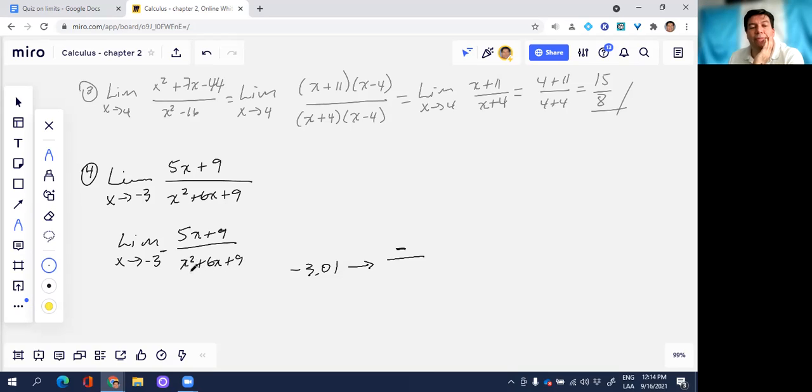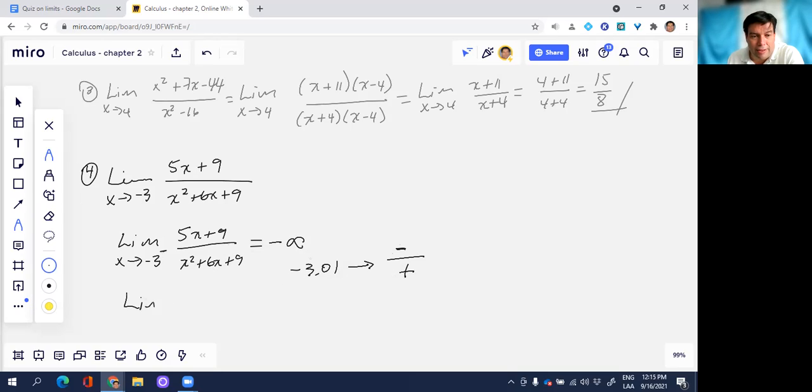I can try it with the calculator. I put -3.01 here. I actually get a positive. So that means that the limit from the left is negative, because negative divided by a positive is a negative infinity.